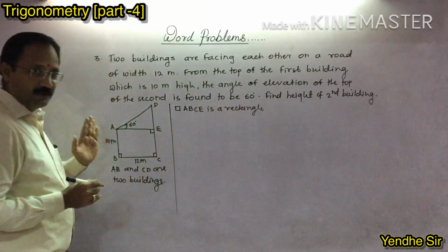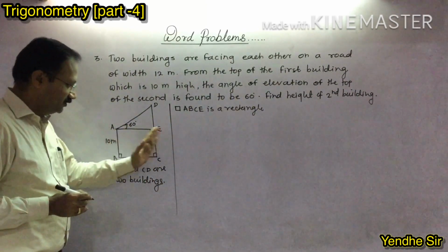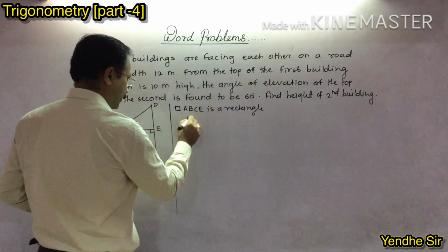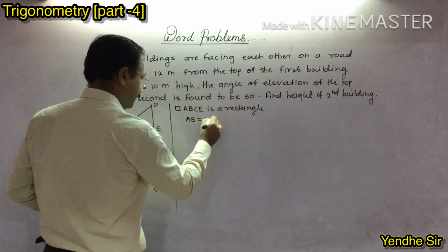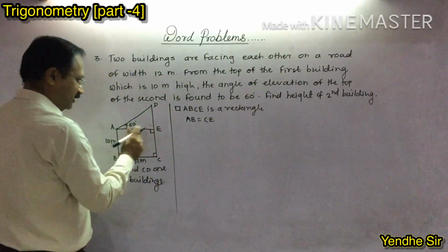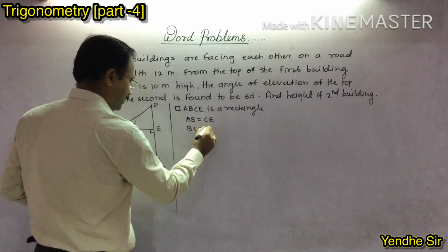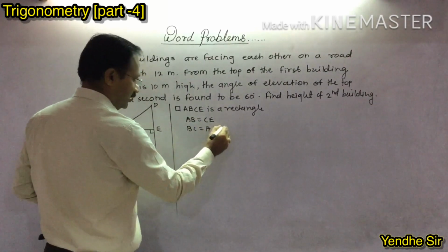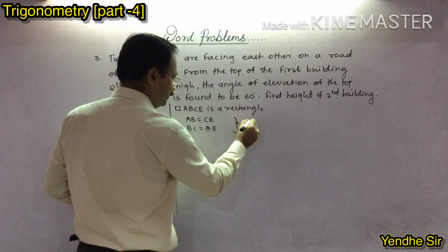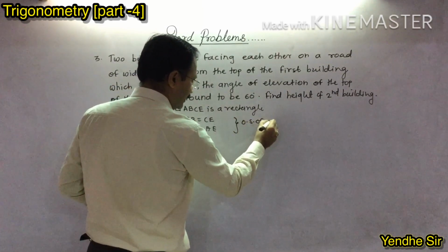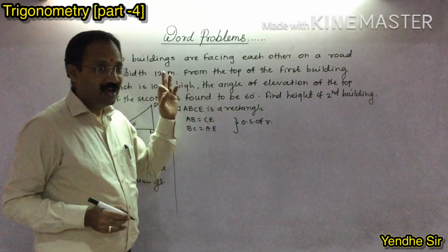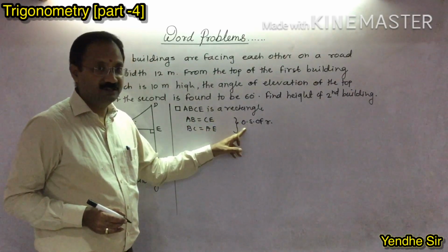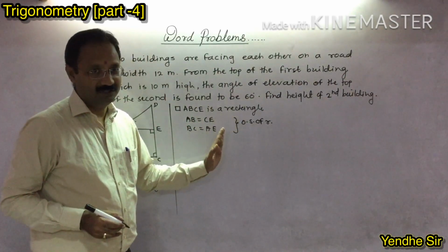Okay, so we know the property of rectangle, opposite sides are congruent. Therefore AB equals CE and BC equals AE. And here you have to give the reason, opposite sides of rectangle. Remember, I have written the shortcuts, but don't write the shortcuts in exam.